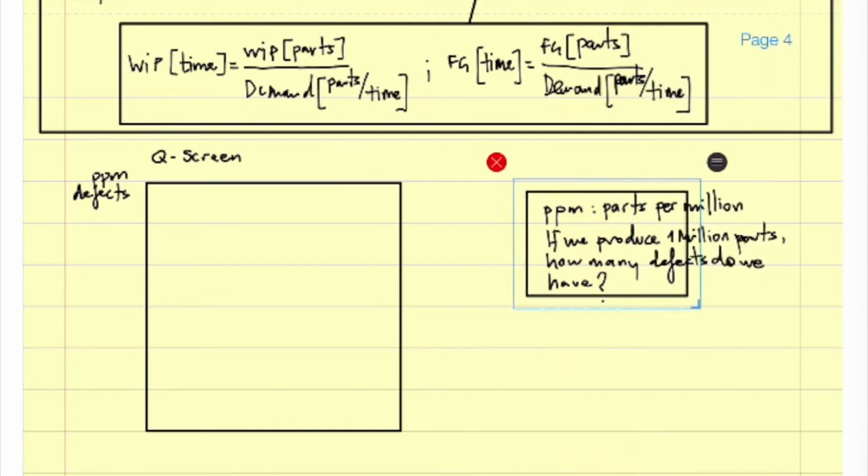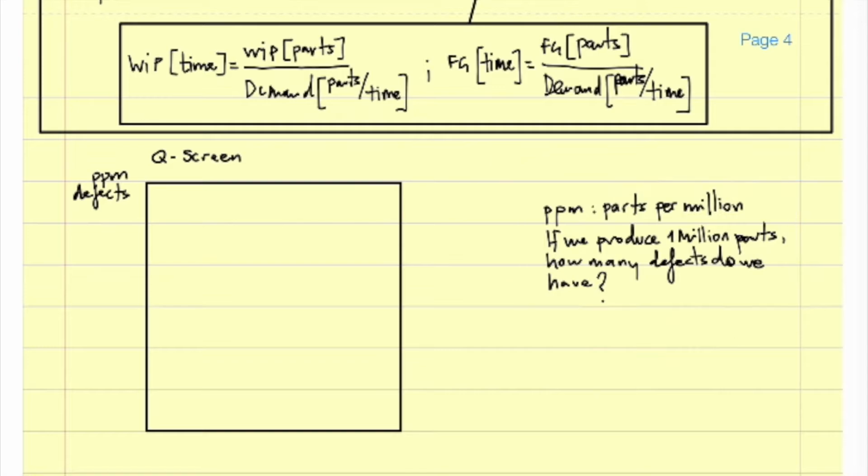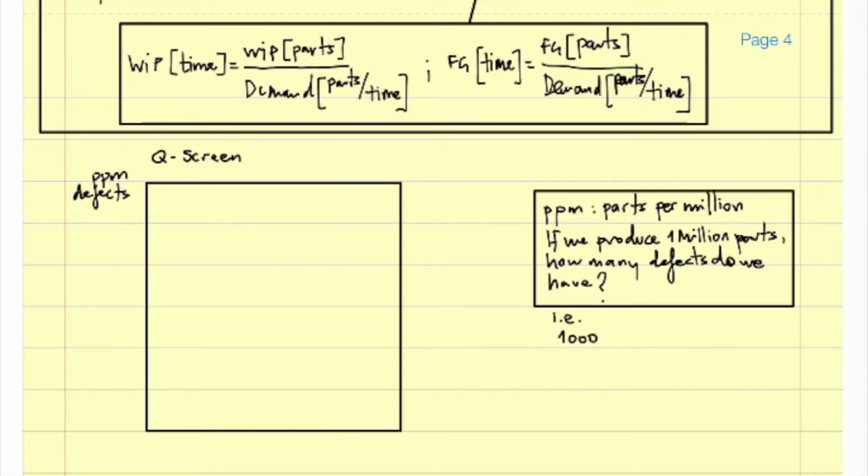Okay, so imagine you would produce 1,000 parts per day, and you would have 30 defects.